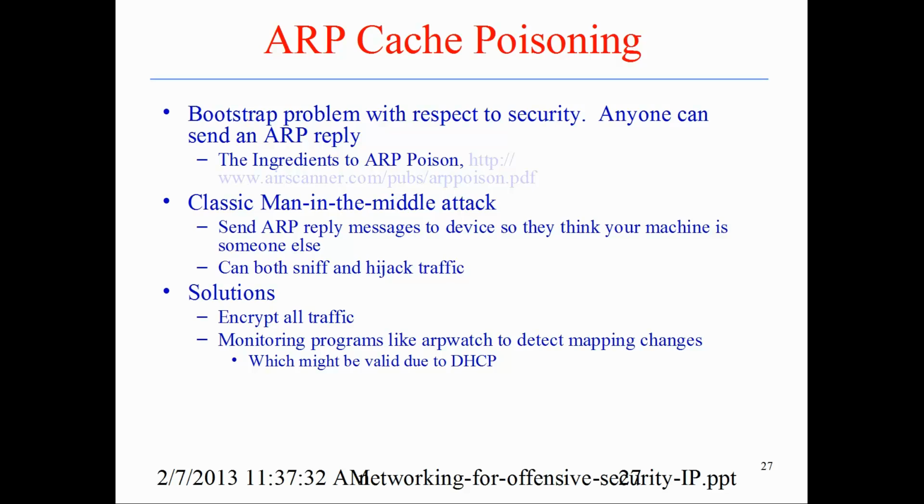However, if you have an IP address for whatever your intended destination is, and your computer is already caching, say, malicious MAC addresses for that, it's going to automatically just use that destination for its traffic, which obviously can lead to problems.